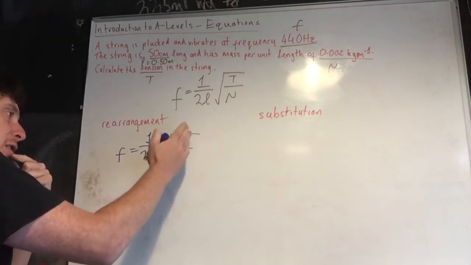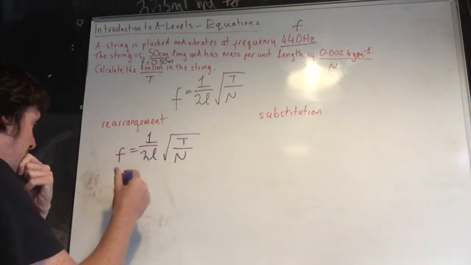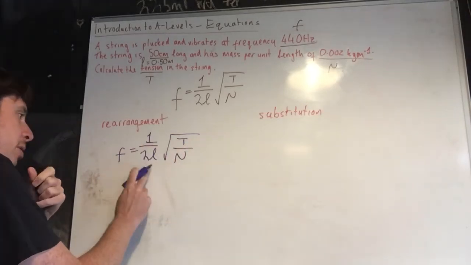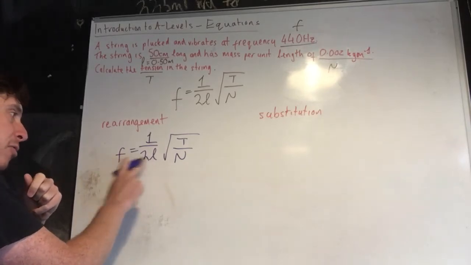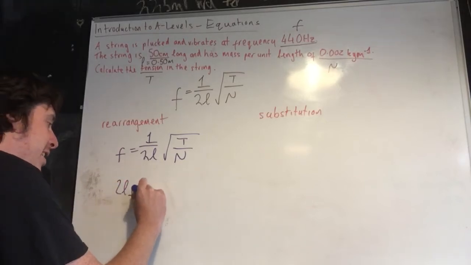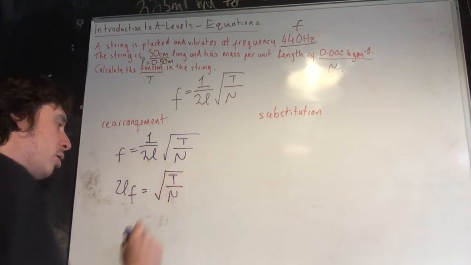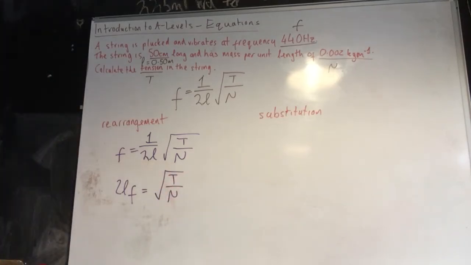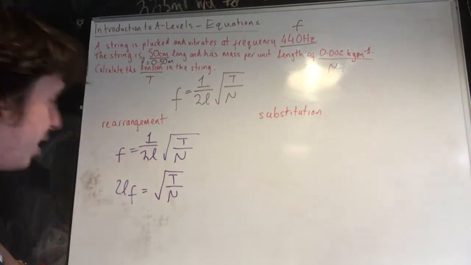If I want to move everything to the left apart from the T, this has got to go. Because this is on the bottom, you need to multiply by 2L on both sides to remove that. So we end up with 2Lf is equal to the square root of the tension divided by the mass per unit length. The 1 disappears because it's just a 1 at the end of the day.